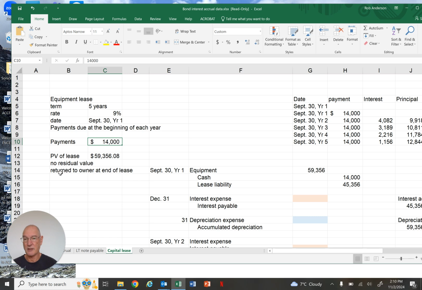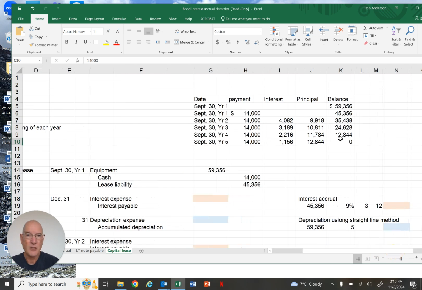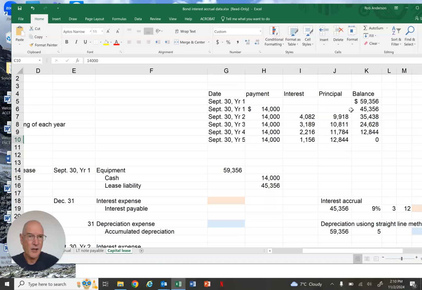So if you get this right with bonds, you can use that knowledge again with leases and notes and even mortgages. So let's move over to the amortization table. What we have is our beginning lease present value, which was on the screen a moment ago.